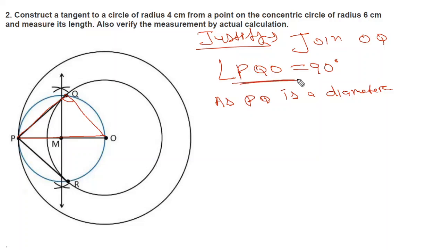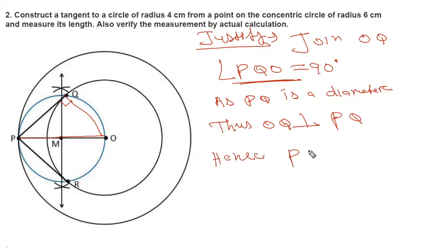Now as this angle PQO is 90 degrees, therefore OQ must be perpendicular to PQ. Thus OQ is perpendicular to PQ. As OQ is perpendicular to PQ, we can say hence PQ is a tangent.